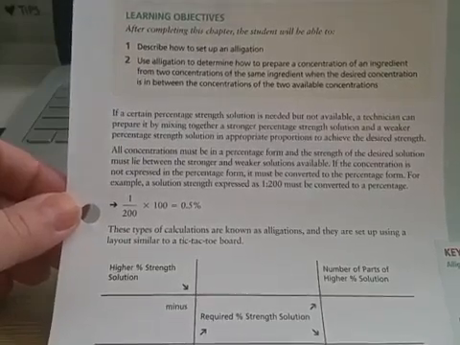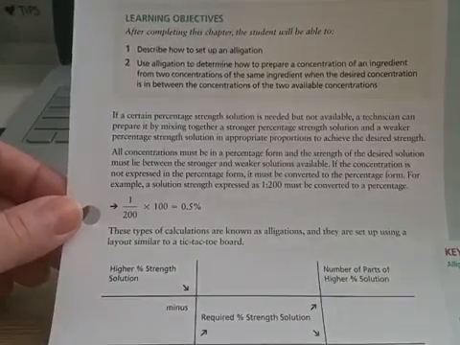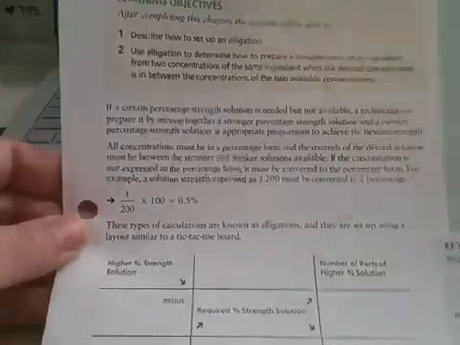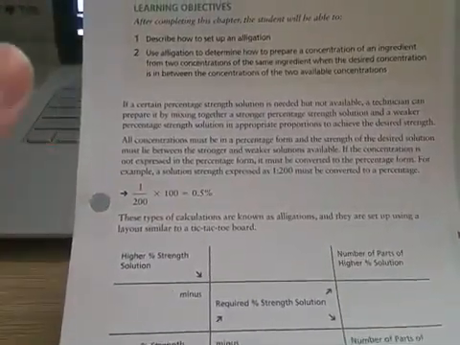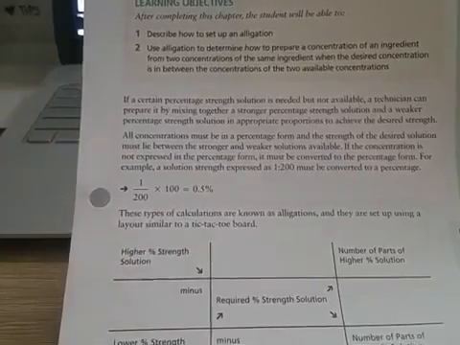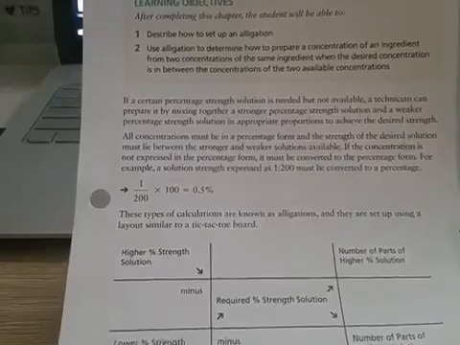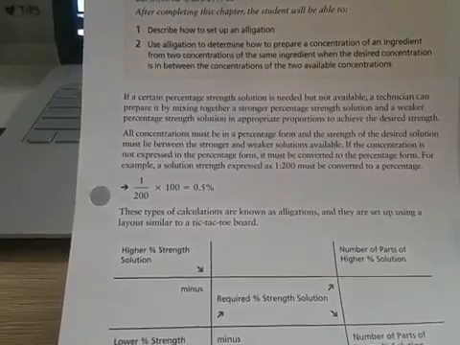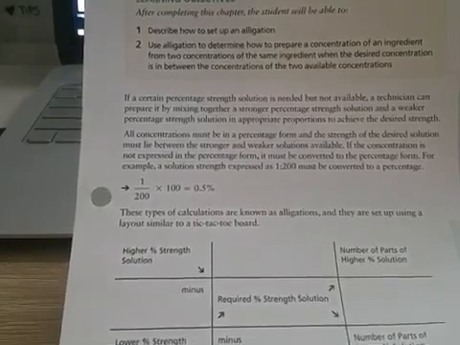All concentrations must be in percentage form, and the strength of the desired solution must lie in between the stronger and the weaker solution available. If the concentration is not expressed in percentage form, then you need to convert it. For example, a solution expressed as 1 in 200 parts must be converted to a percentage.